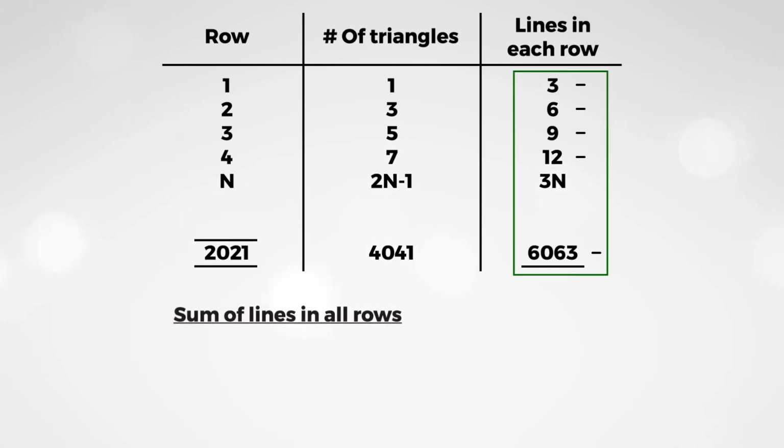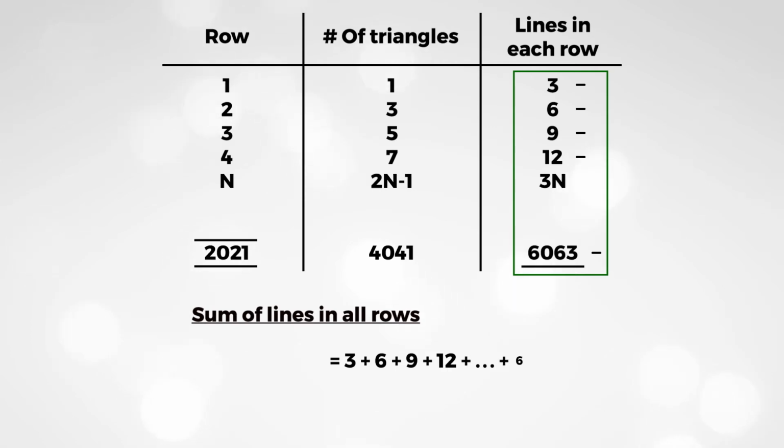So the sum of the lines in all the rows is going to be 3 plus 6 plus 9 plus 12 plus ... all the way up till 6063. Now we can factor out a 3, and if you do, you'll get 1 plus 2 plus 3 plus 4 plus ... all the way up until 2021.